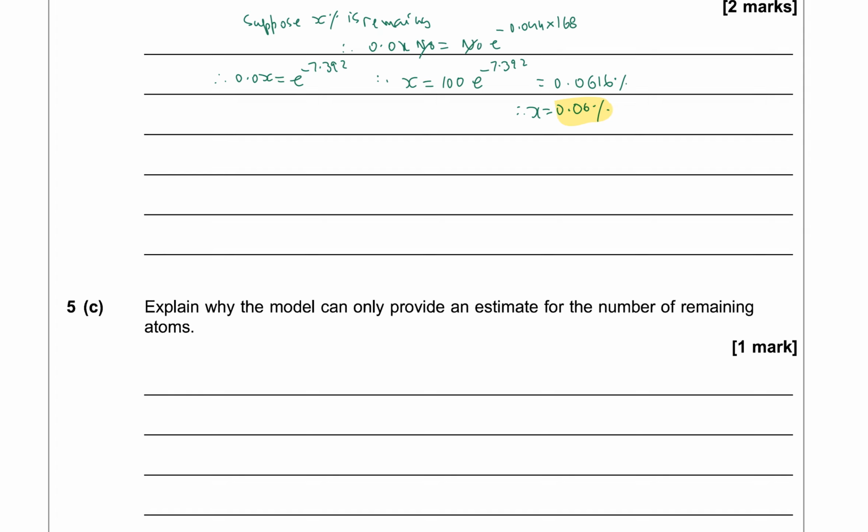The answer to that is the model is continuous, but the number of atoms is discrete. So only an estimate of the number of atoms remaining can be found.